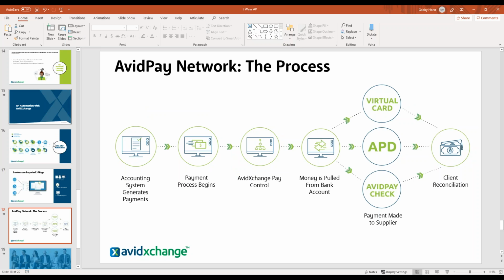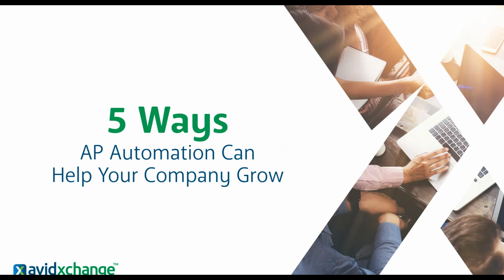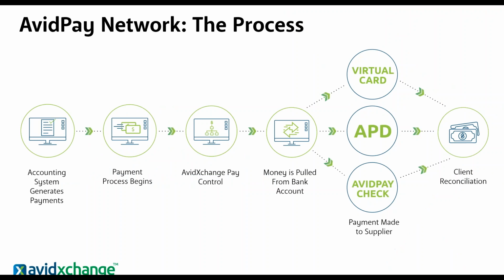And again, talking about the payment process you see here, your payments are processed within 2 to 3 days once approved. They're pulled from a trust account where, again, there's positive pay.